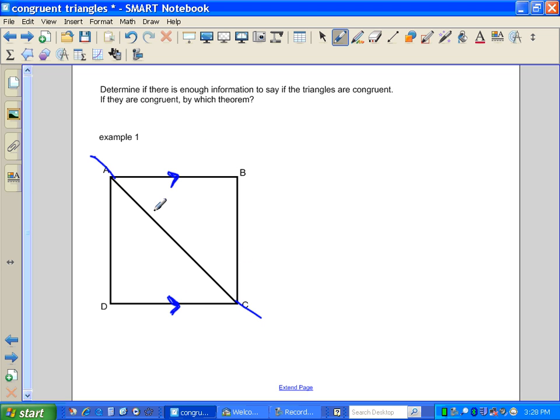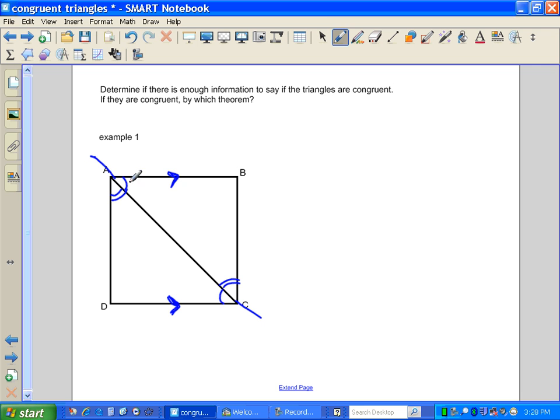And I know if I have a transversal and two parallel lines that this angle is congruent to this angle by alternate interior angles, and that this angle is congruent to this angle by alternate interior angles.